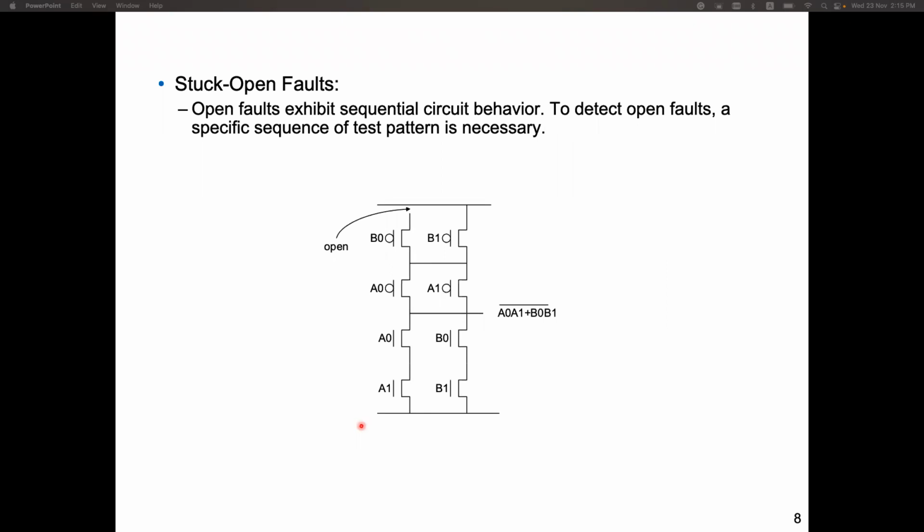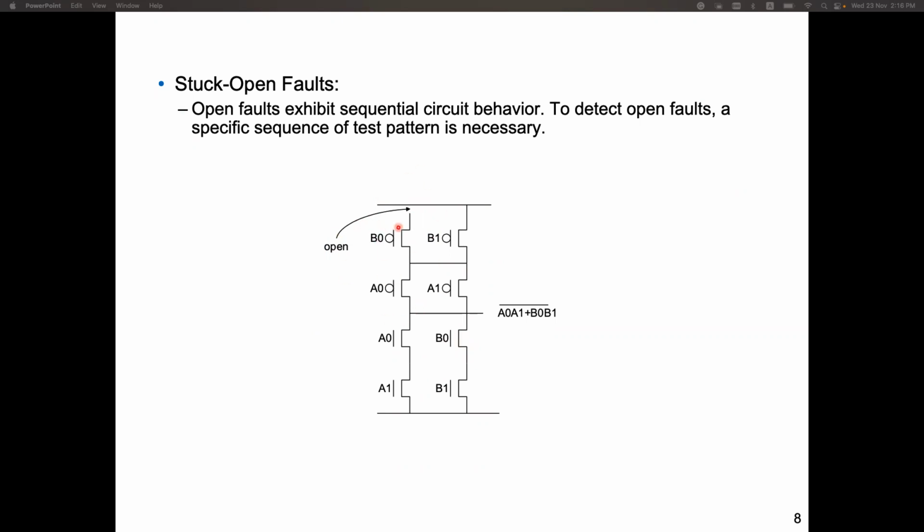The last one I'm introducing here is the stuck-open fault. In some logic circuits, we may have an open between a transistor and the supply rail. If we have such an open fault, then the fault is input dependent.